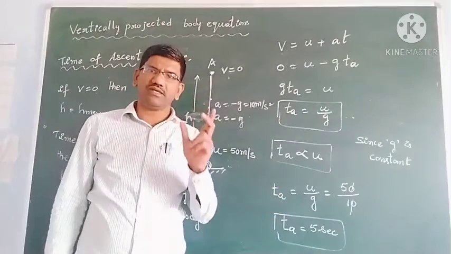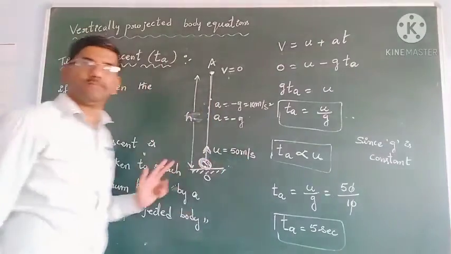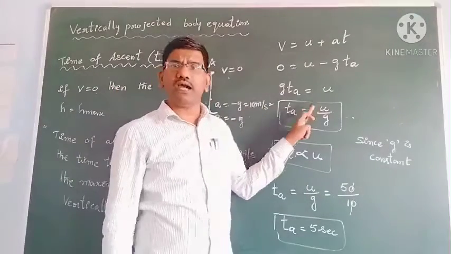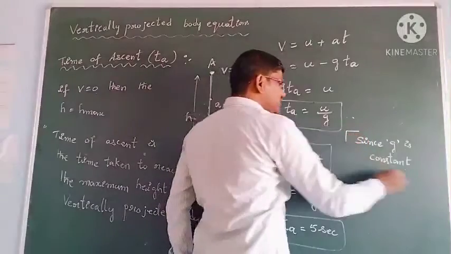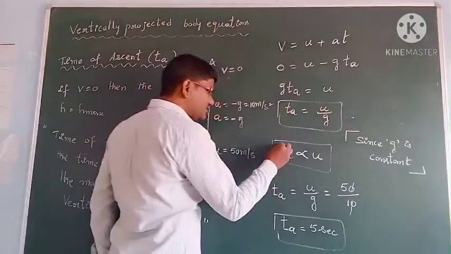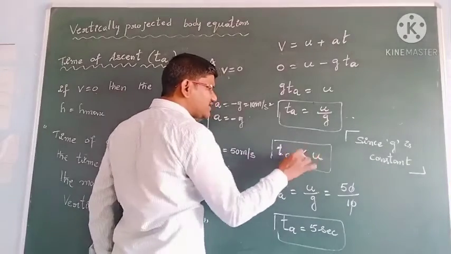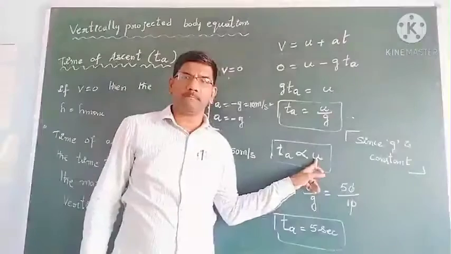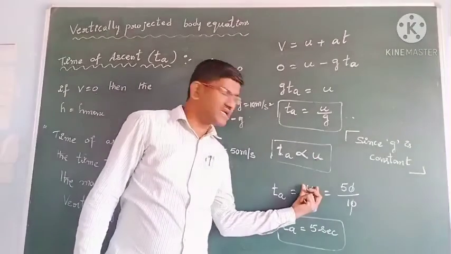It means the time taken to reach the maximum height from the point of projection is called the time of ascent. It depends only on u and g. Since g is a constant, the time of ascent is directly proportional to the initial velocity.